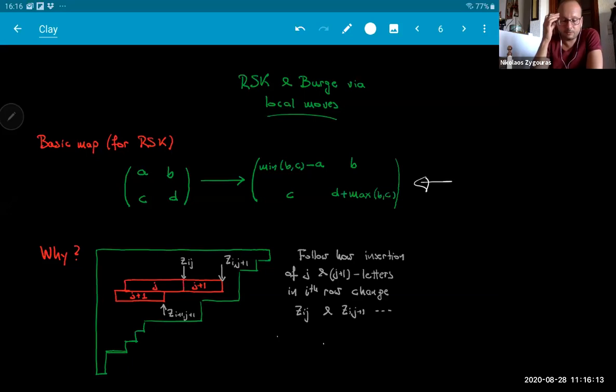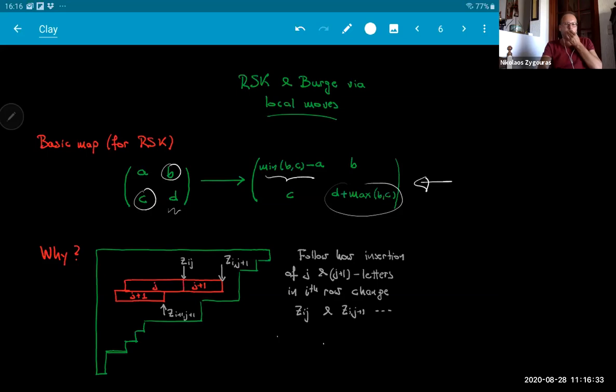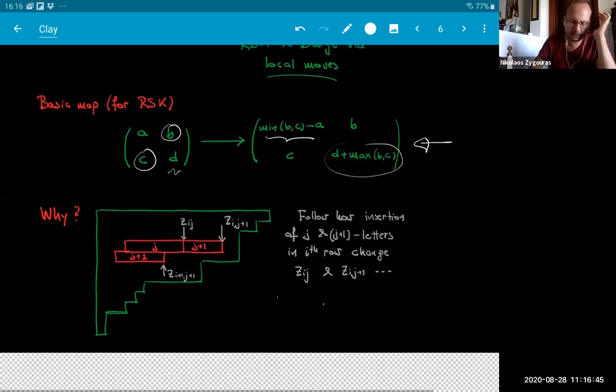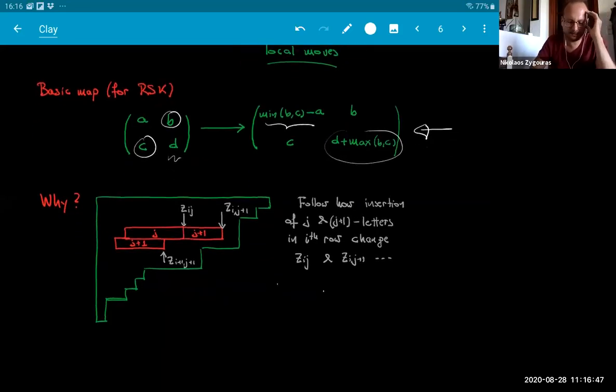If you have a 2x2 matrix A, B, C, and D, the mapping will replace the first entry by the minimum of B and C minus A, and it will replace the bottom right corner by the maximum of B and C, and then I'm going to add D. So this is going to be the basic element in the algebraic approach of both RSK and Burge correspondence, but I would like to explain this maybe a bit mysterious mapping.